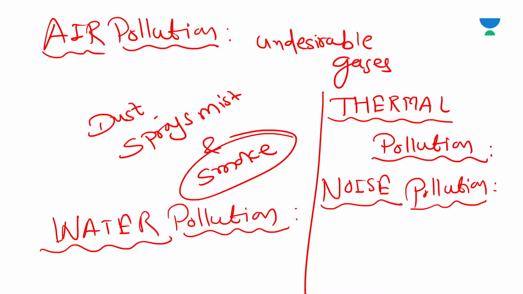Smoke can be reduced by using oil or gas instead of coal in factories. Machinery and equipment can be used, and generators should be fitted with silencers. So almost all machinery can be redesigned to increase energy efficiency and reduce noise.